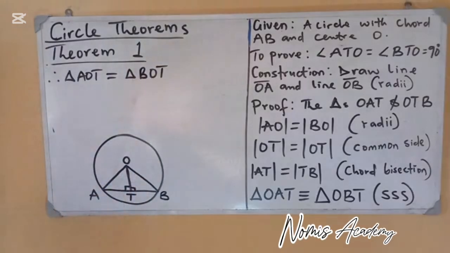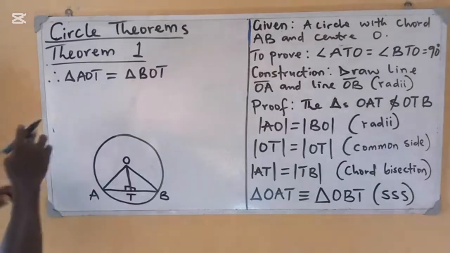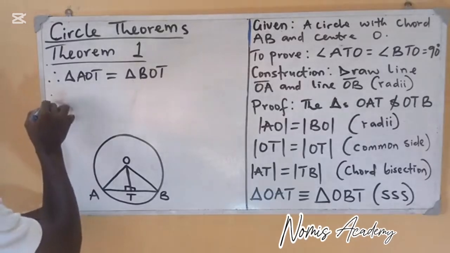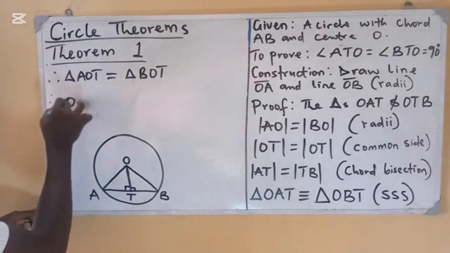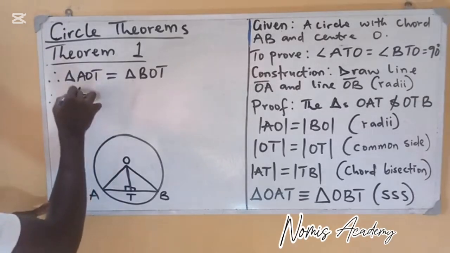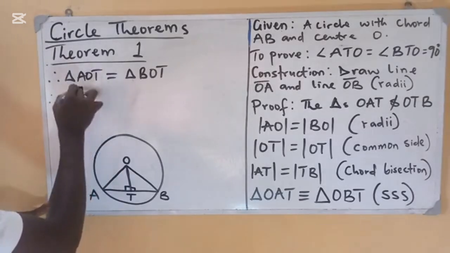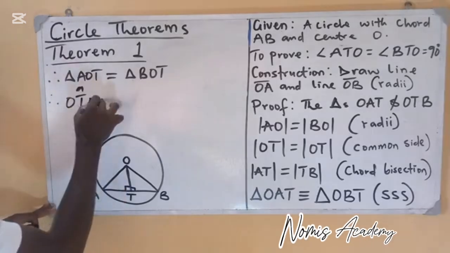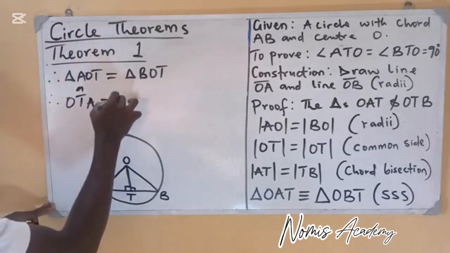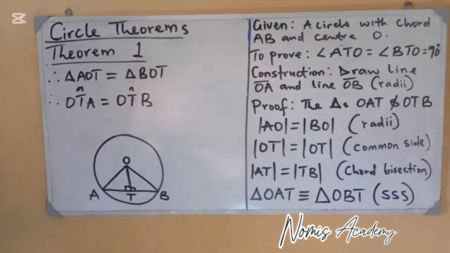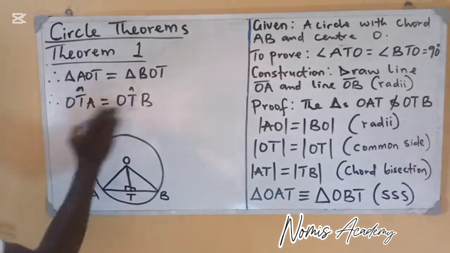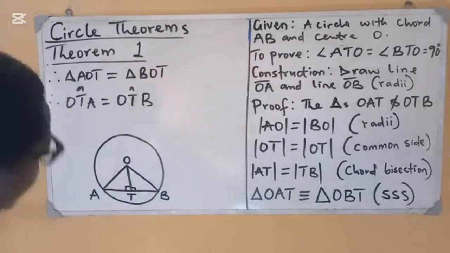So the two triangles are equal, and then also implies that the angle OTA, that is the angle at this point, is also equal to OTB. They are equal.